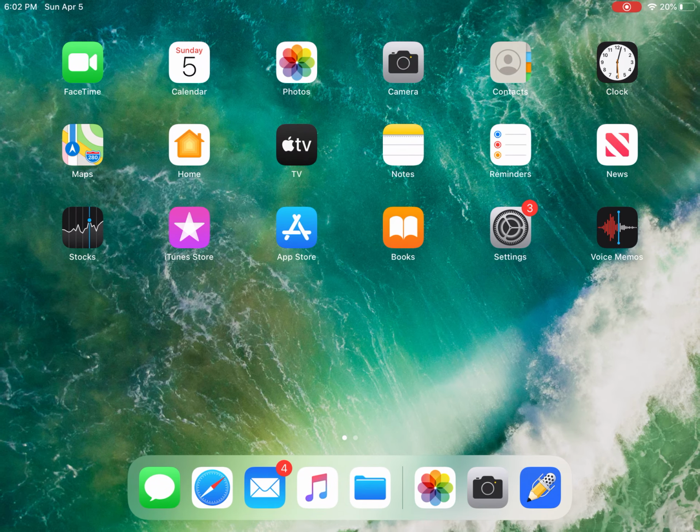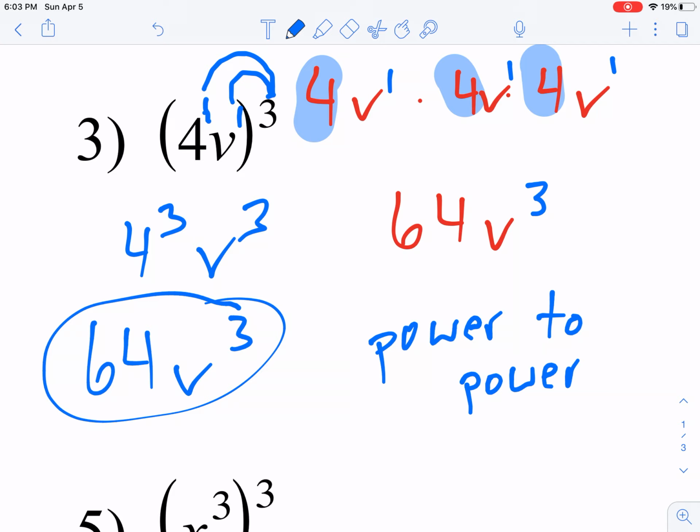Well, that tells me 64, and then the v to the third is just going to stay v to the third. So all I really got to do is when I have a power to a power, I can just multiply. Where previously we were adding, when you have a power to a power, you're going to multiply.